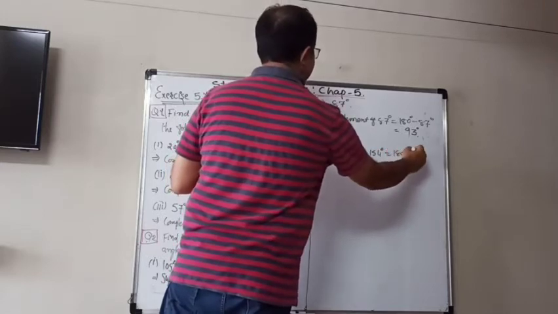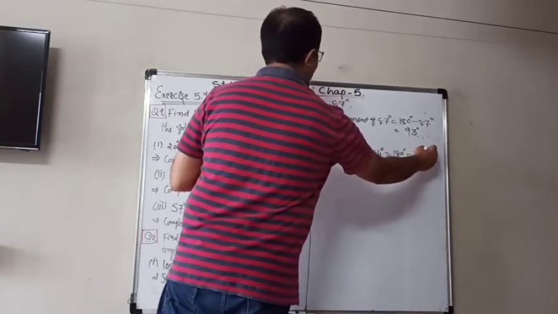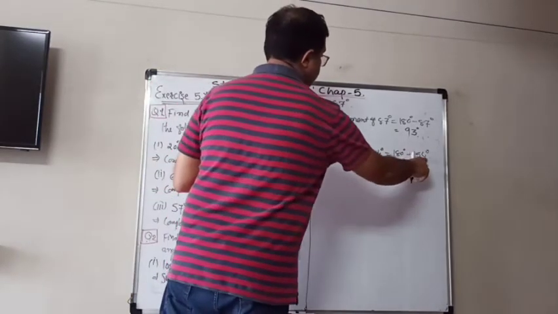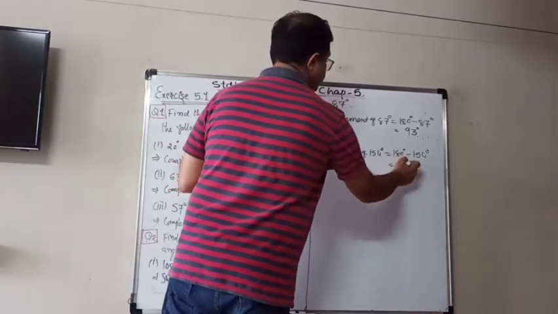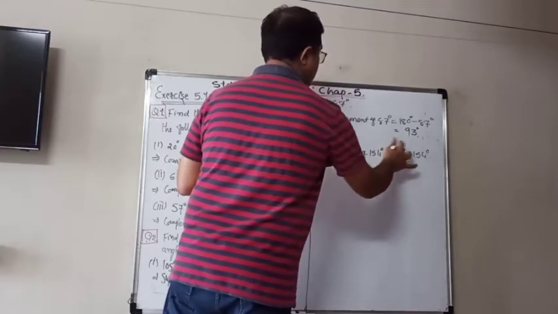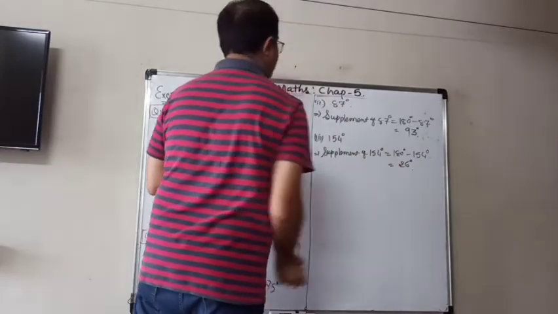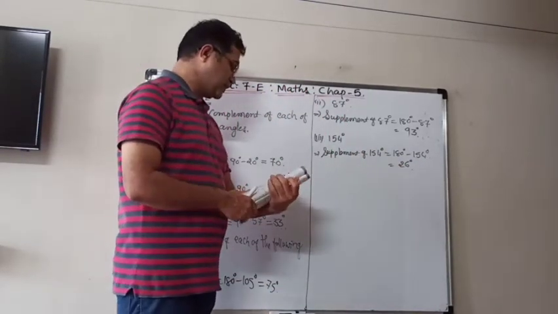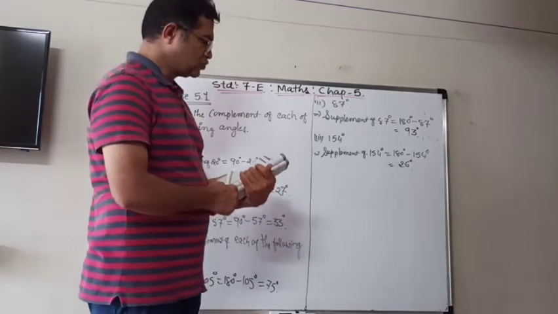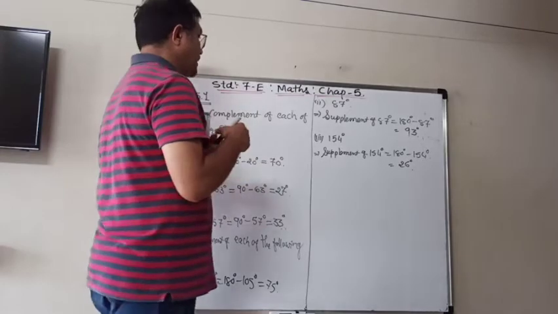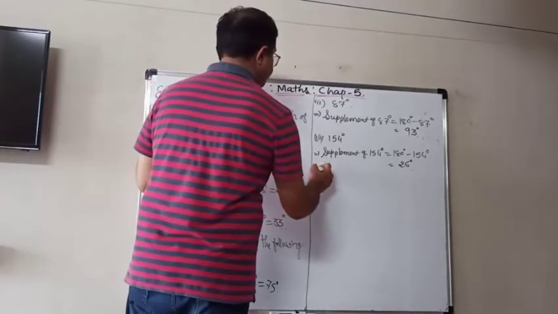So 180 degrees minus 154 degrees. 10 minus 4 is 6. 7 minus 5 is 2. 1 minus 1 is 0. So the supplement of 154 degrees is equal to 26 degrees.